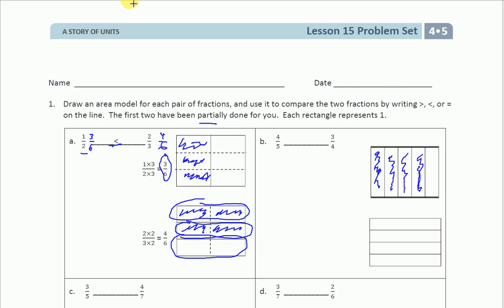And then on the bottom one, we're looking at 3/4, but we're doing it horizontally: 1, 2, and 3/4.